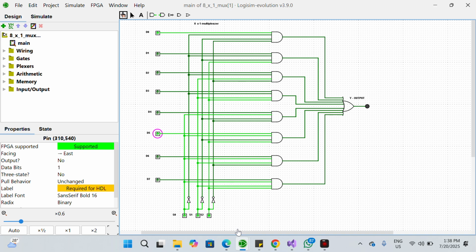Each AND gate is enabled by a unique combination of select lines and their inverted versions. The enabled AND gate allows its corresponding data input D to pass through.